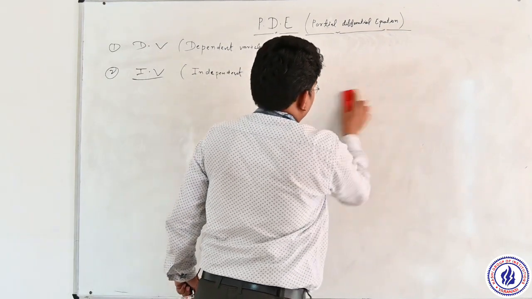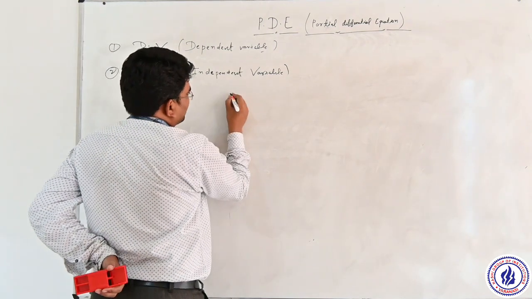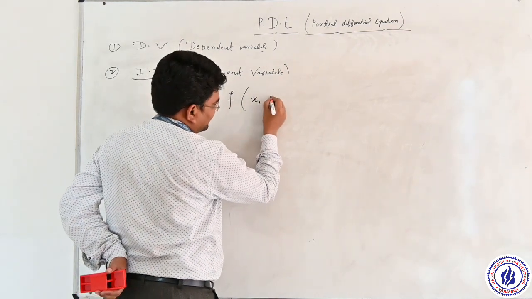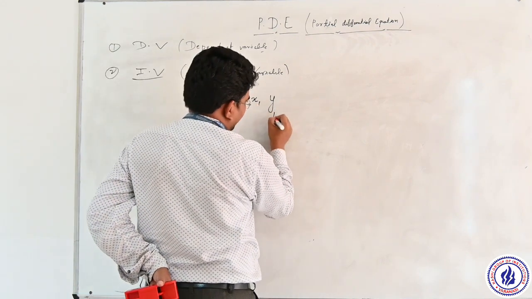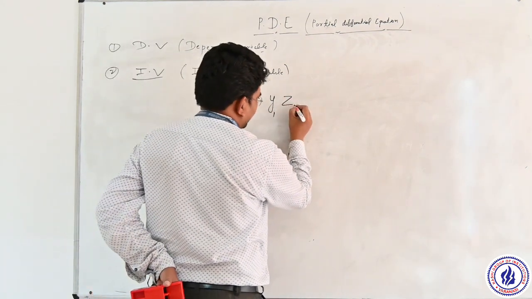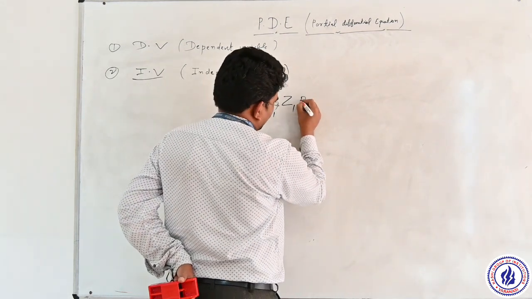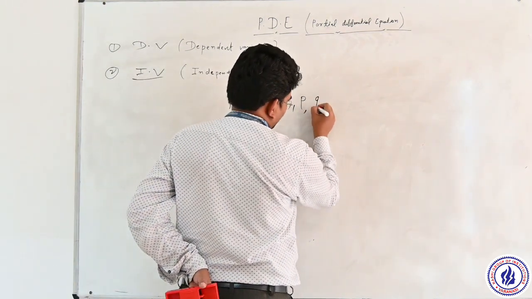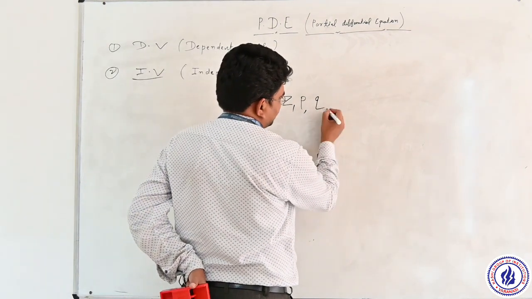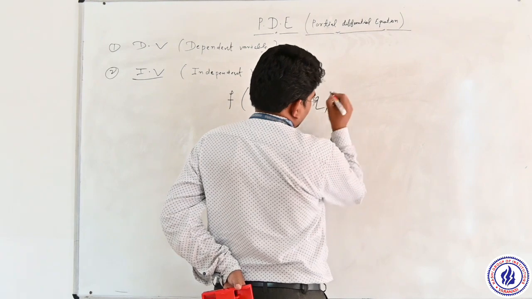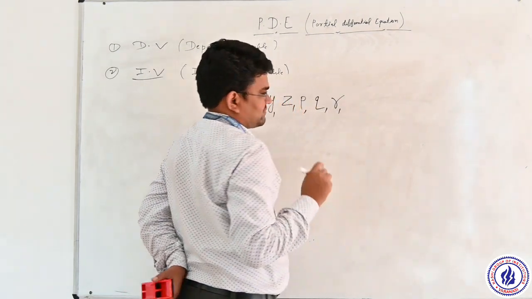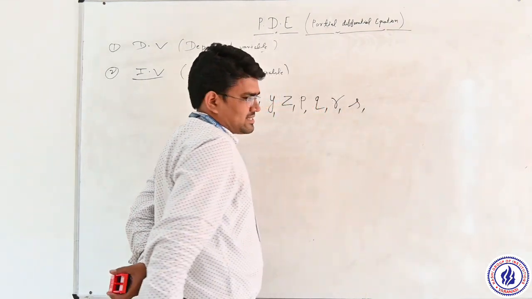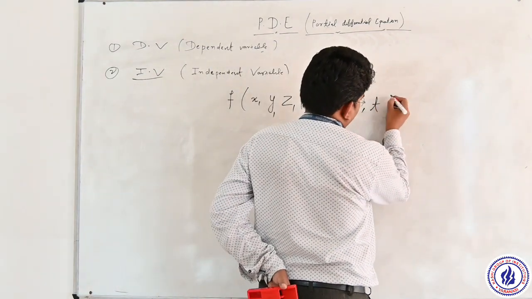Here, if any function contains x as an independent variable, y as an independent variable, z as a dependent variable, and p as a first order partial derivative with respect to x and q, also first order with respect to y, and r, s, and after that you have t.